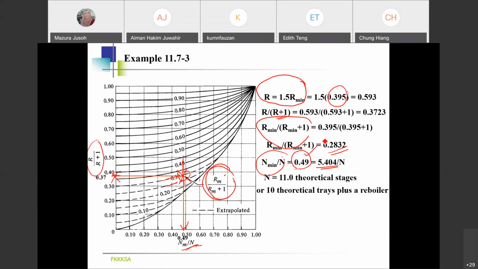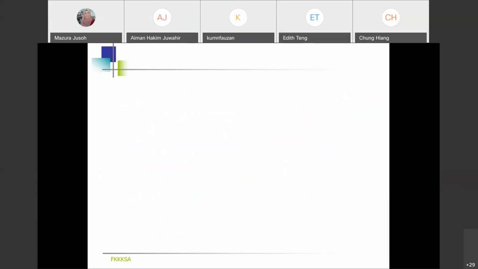That's from the graph. And from this 0.49, you can put in the value of N min, and you finally can get your number of final theoretical stages. Minus 1 if you are using a full condenser. If it's a partial condenser, then you have to minus 2 for the theoretical trays.